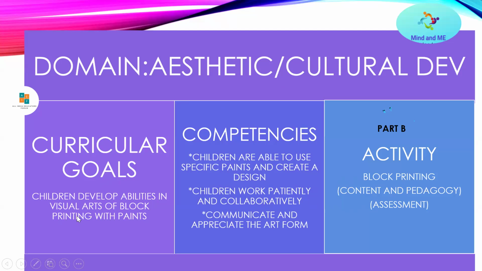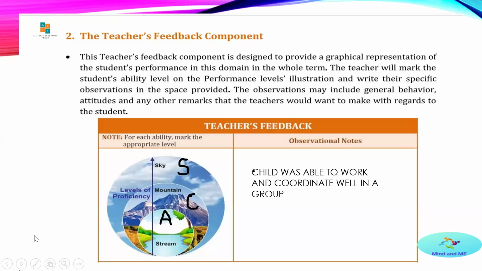So that was the pedagogy that I used, art integrated, and the child was able to work and coordinate well in a group. And this is what I saw while assessing one child. Ability was this, awareness was stream level, creativity was mountain level, and sensitivity was sky level.